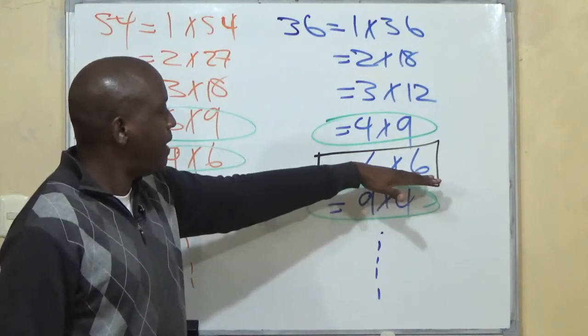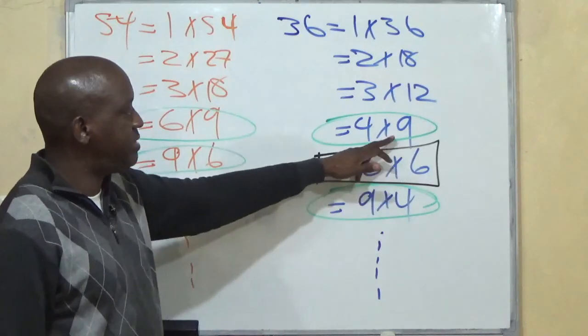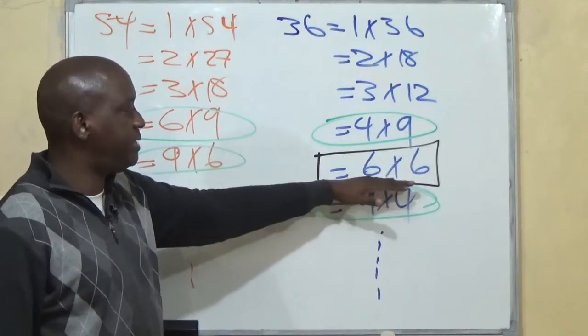And once you have the repeated factors, the next pair of factors will be the reversal of the pair of factors before the repeated factors.